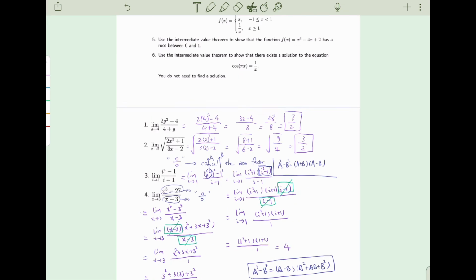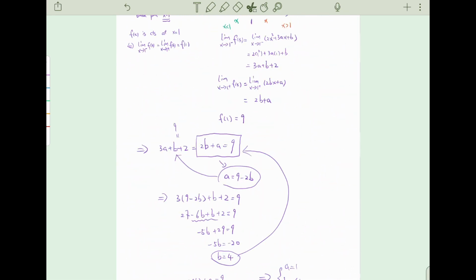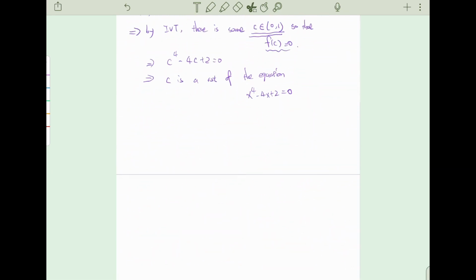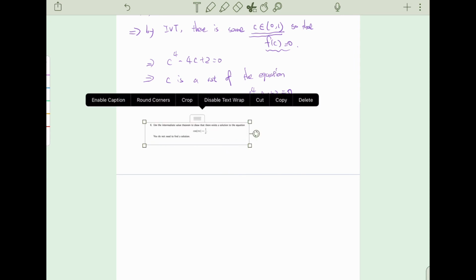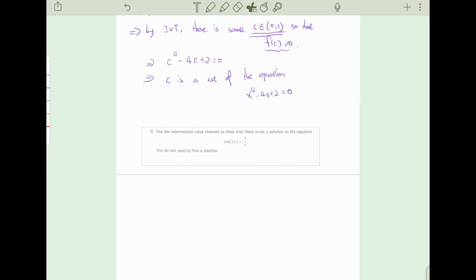So use the intermediate value theorem to show that there exists a solution to the equation cos of pi x equal to 1 over x. You need not find the solution.